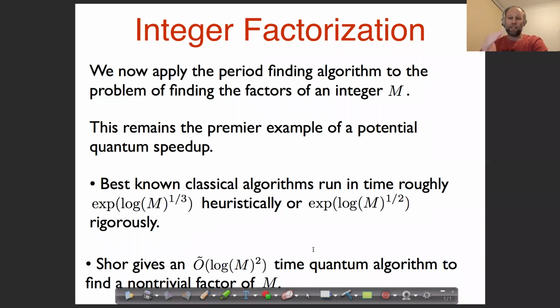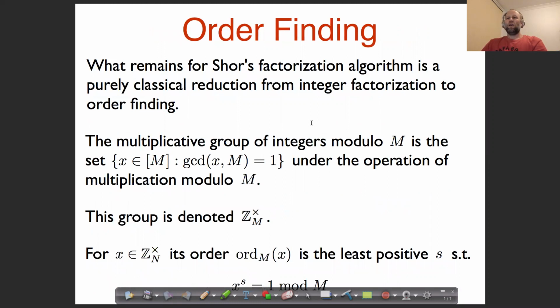We've already seen the entire quantum part of Shor's algorithm. So this lecture is going to be just a completely classical reduction from order finding to actually finding a non-trivial factor of an integer. One definition that we need is the multiplicative group of integers modulo m.